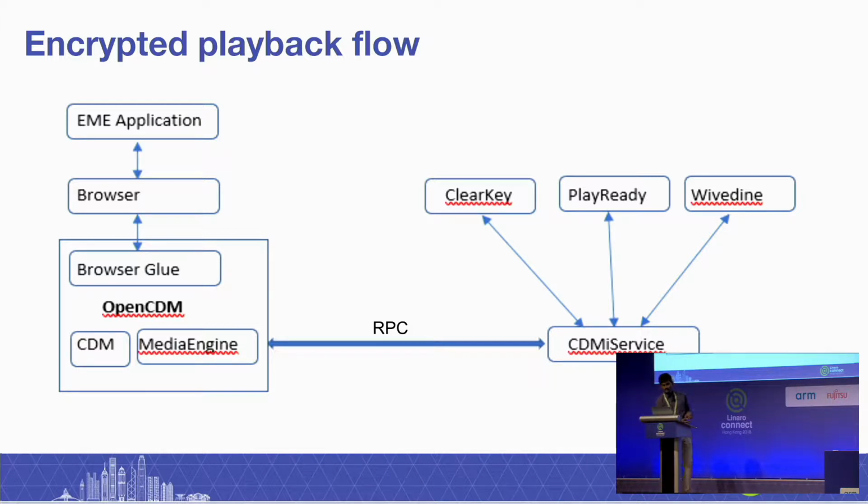So one thing to note here is we don't have a fully secure data path on the HiKey platform we have. Currently only the decryption is happening in the secure world, and the rest of the playback, decoding and playback, is happening in the normal world.